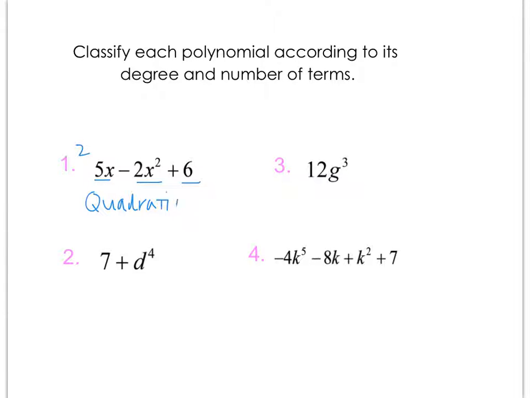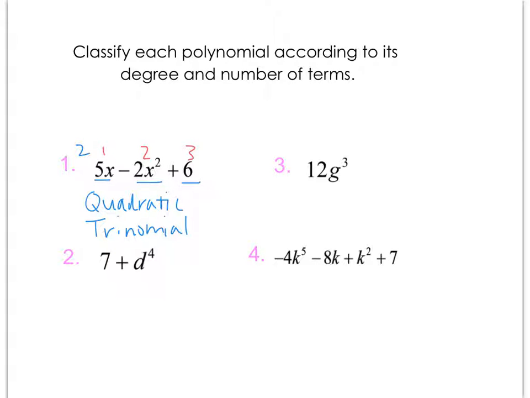So because the degree is 2, we call it a quadratic. And then how many terms does it have? It has 1, 2, 3 terms. So it is a quadratic trinomial. So again, we classified it by its degree and its number of terms. And so this would be called a quadratic trinomial.